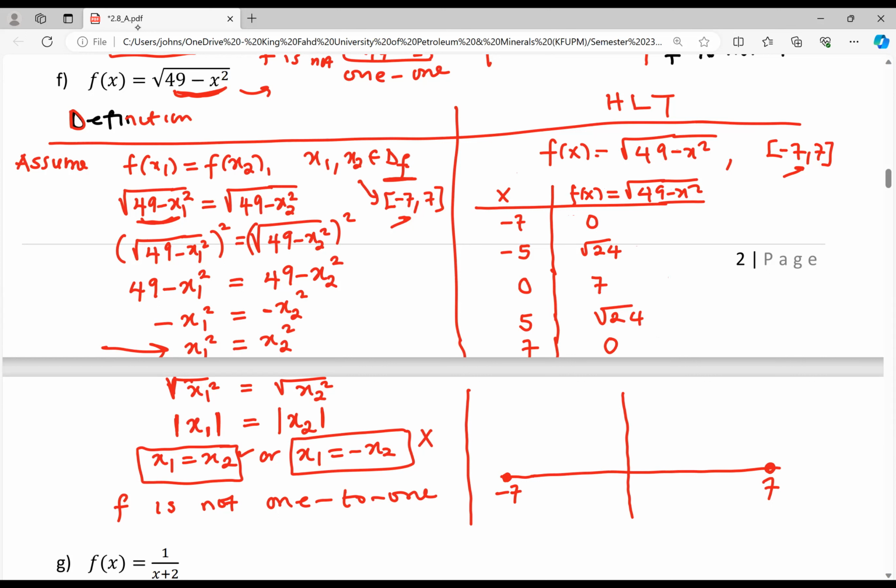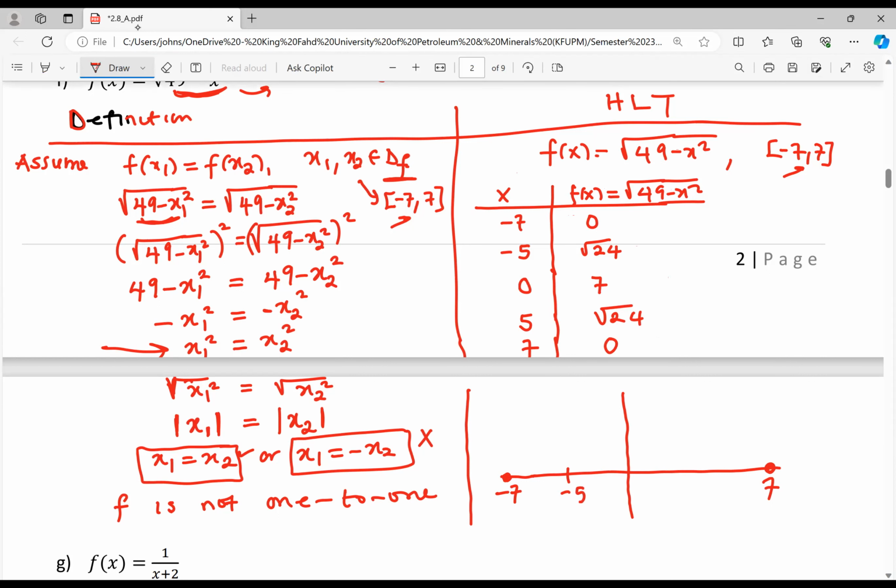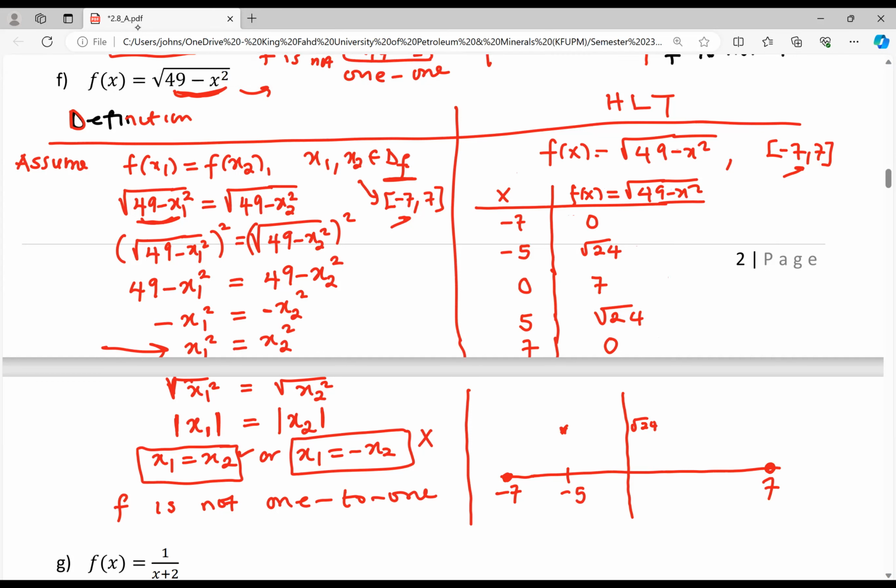Now, how do we do this? So at x equals minus 7, we know we are at 0. At minus 5, we're going to be somewhere up here, which we can just call root of 24. Root of 24 is 4 point something.